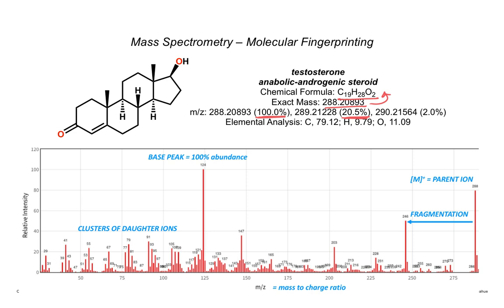And again, the M+1, M+2, those are beyond what you see in the parent mass. Let me backtrack here. So we look at that number 288. Because that number is even, we're saying the molecular formula cannot have nitrogen, or an odd number of nitrogen.